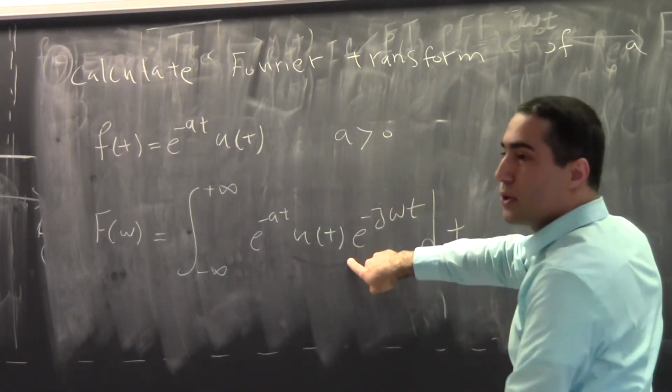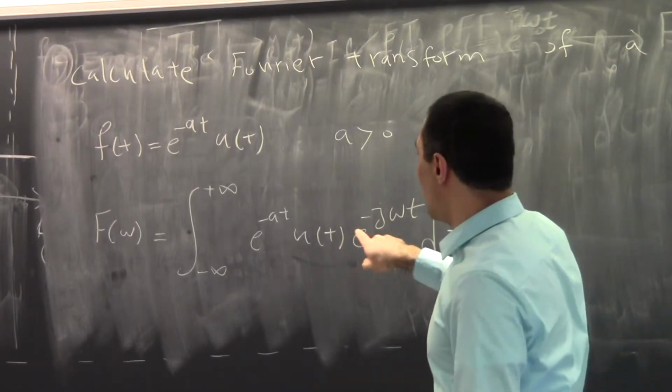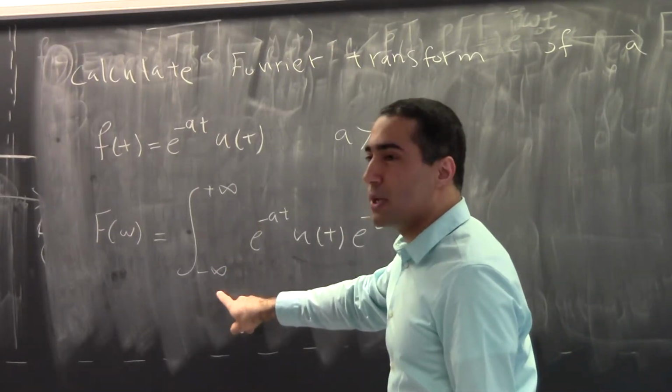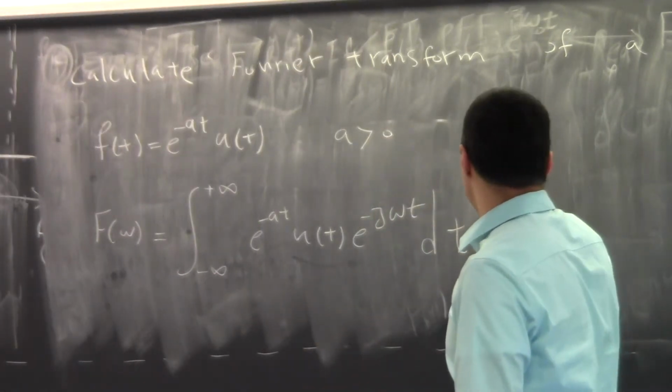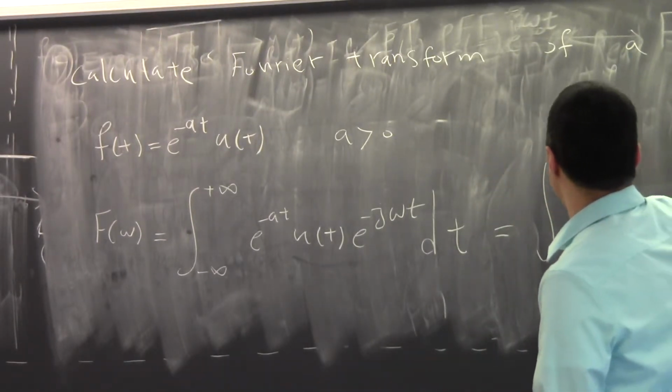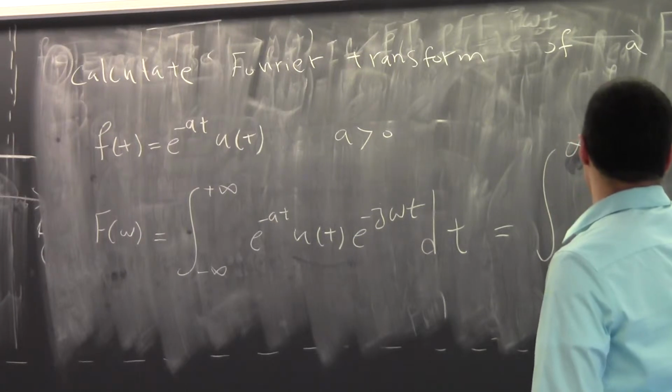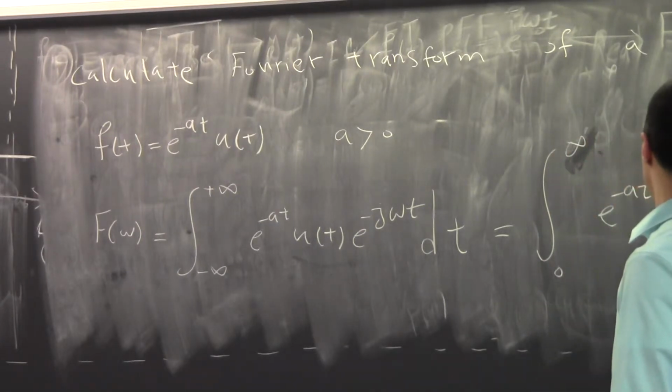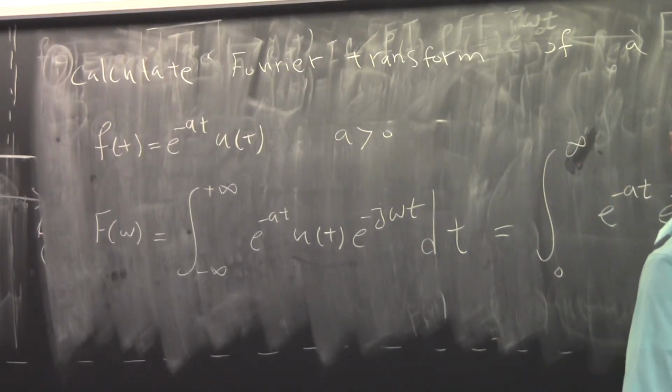And you guys know u(t) is 0 for t smaller than 0, right? So this integral, we can convert it to this. Right?